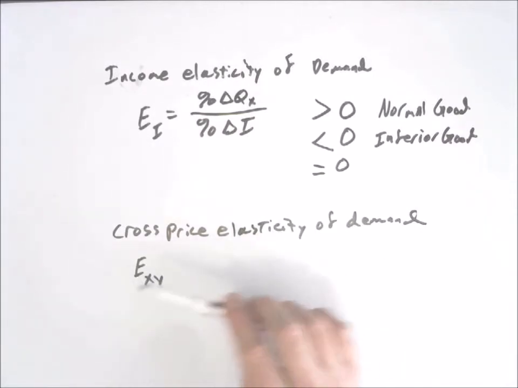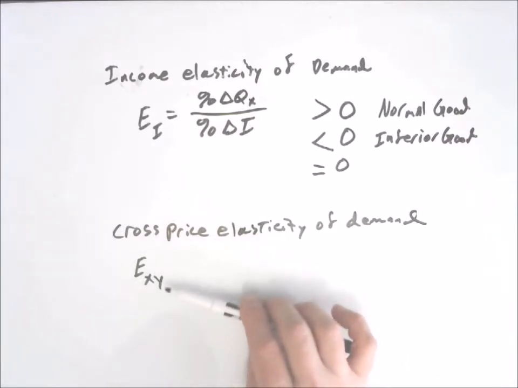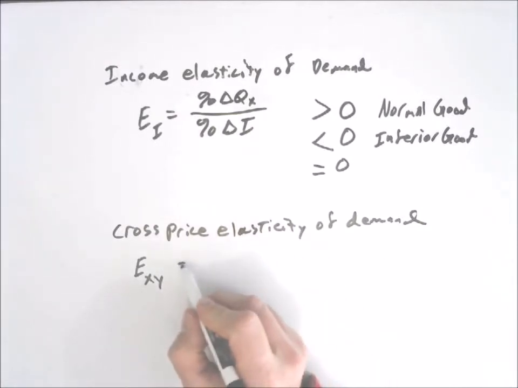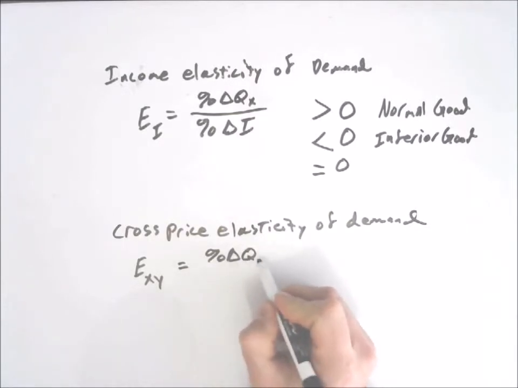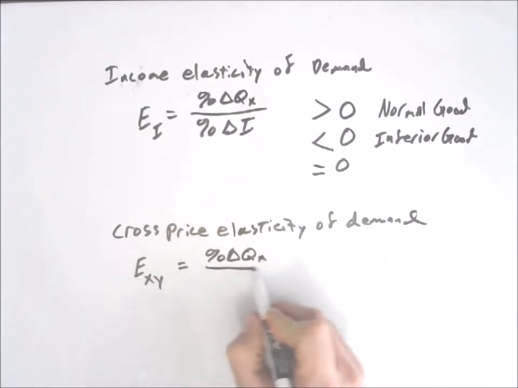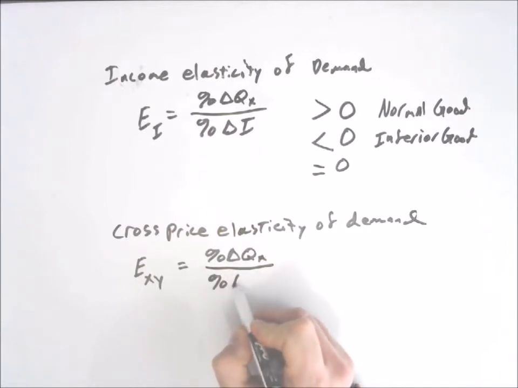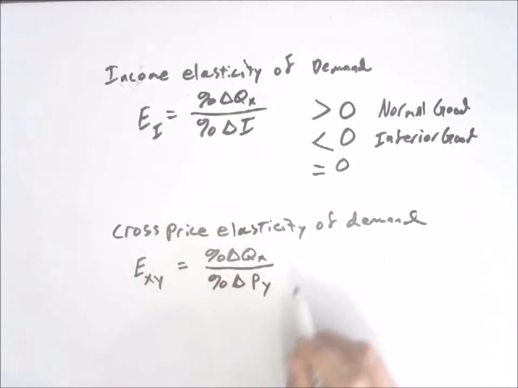Remember, price elasticity of demand was just E sub X. Now I'm including another product Y in here, and that would be represented as the change in the demand for good X relative to a change in the price of some other good. Now you can see where this is going.